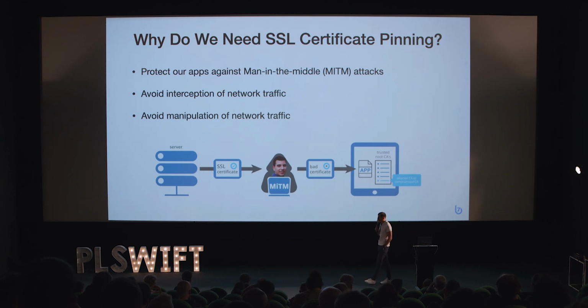Well, that's a good question. SSL pinning, public key pinning, certificate pinning, it's at least a layer to protect your application. And as I mentioned before, it should go with obfuscation of the code and methods and so on. This allows you to add an extra layer of security to your app.